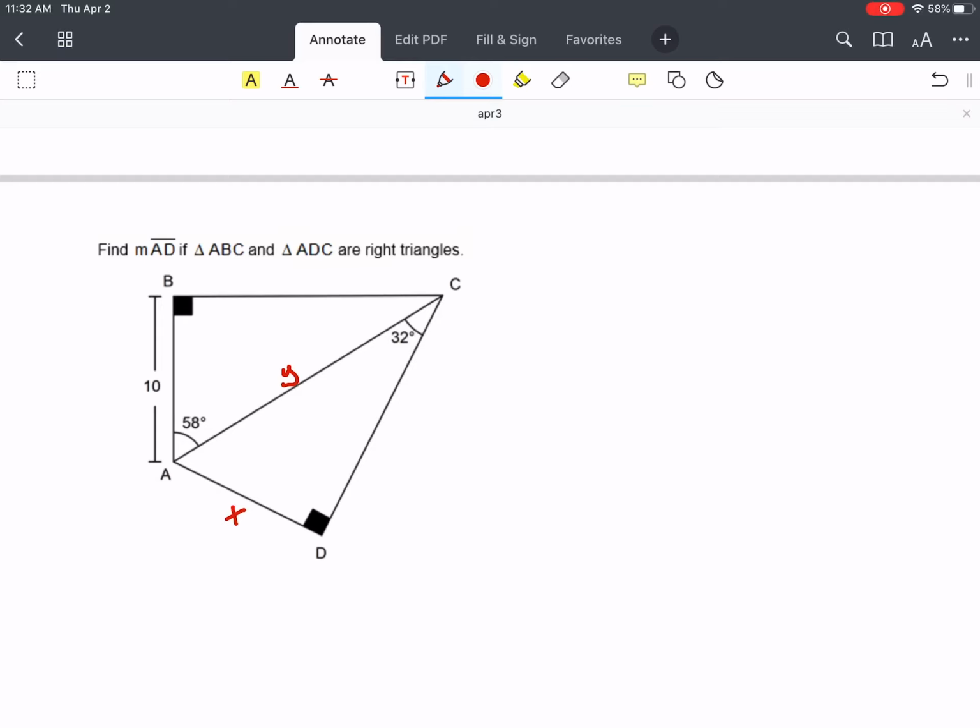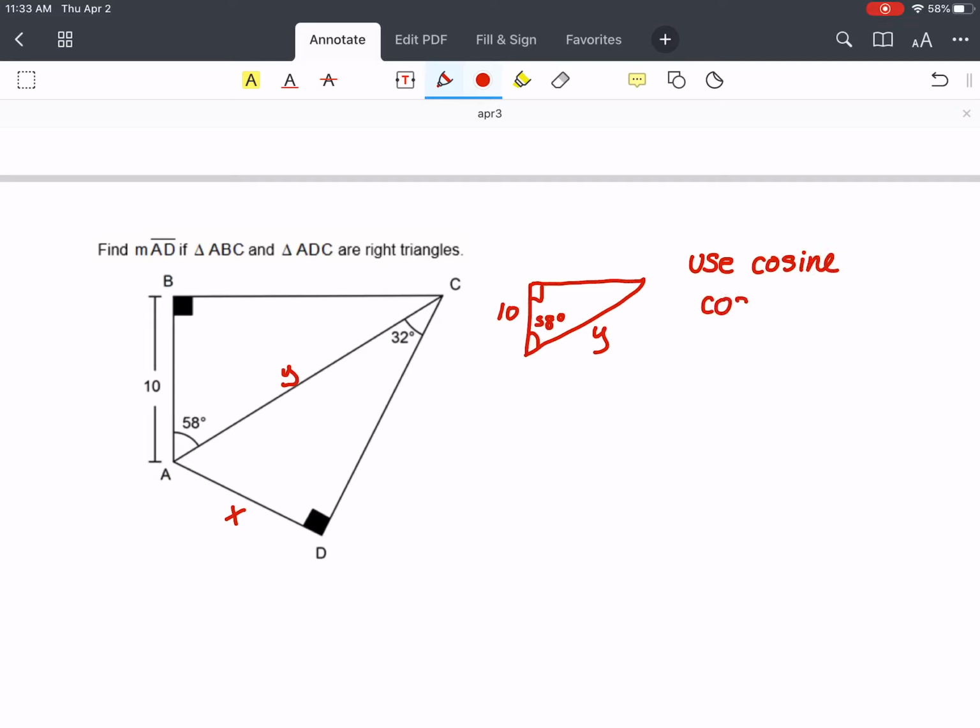And now we're going to use triangle BAC to solve for that side. So let's do that first. Again, I'm going to redraw it. This side length is 10. This is 58 degrees. This is Y. I have the adjacent side. I want to know the hypotenuse, so I'm going to use cosine.